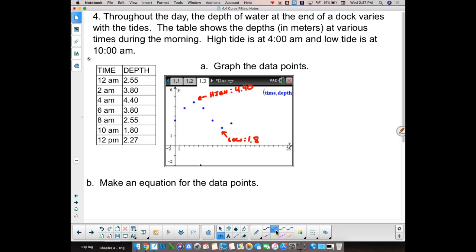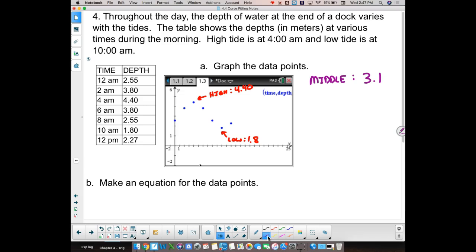So based upon that, where is my middle? Where's the middle? How'd you get 3.1, Lucas? Add them and divide by 2, right? 4.4 plus 1.8 is 6.2. Divided by 2 is 3.1. I would agree that our middle is at 3.1.